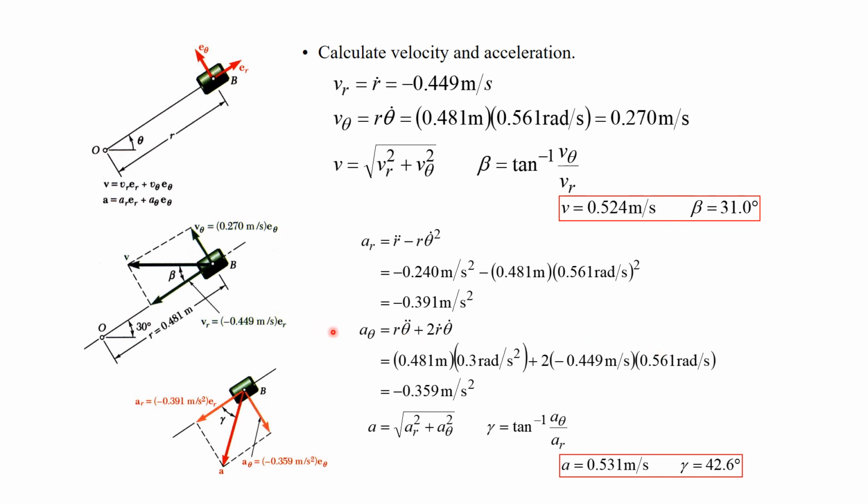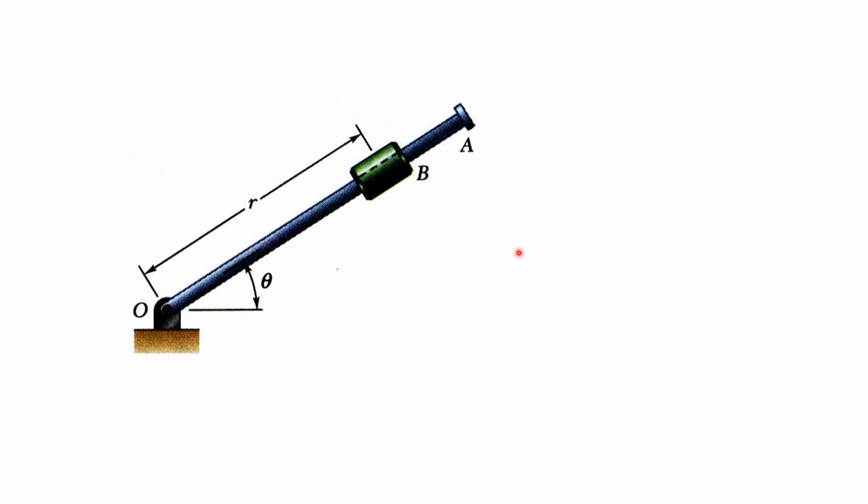And you're going to have to be given a little bit more information for these types of problems, but you'll be given enough information to find each piece of the accelerations and each piece of your velocities and add those two pieces together. So overall velocity at some point you can find, overall acceleration at some point you can find. And then if you want to know with respect to O versus with respect to the bar, well, with respect to the bar, that would just be everything in the radial direction.